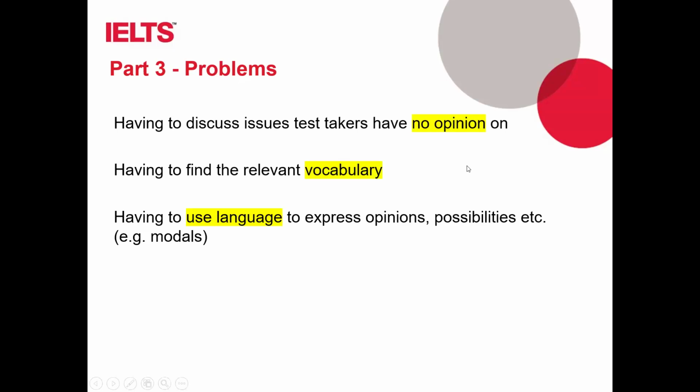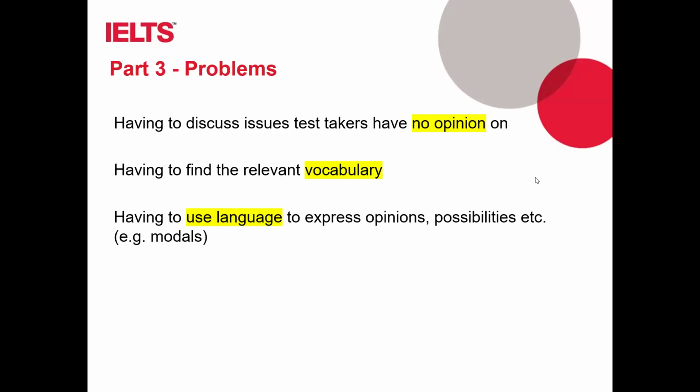The main thing is that we won't have a copy of the questions in front of us. In part 2, the examiner gives us a cue card on which the question is written. But in part 3, the questions are asked verbally by the examiner, and we have no visual aid.